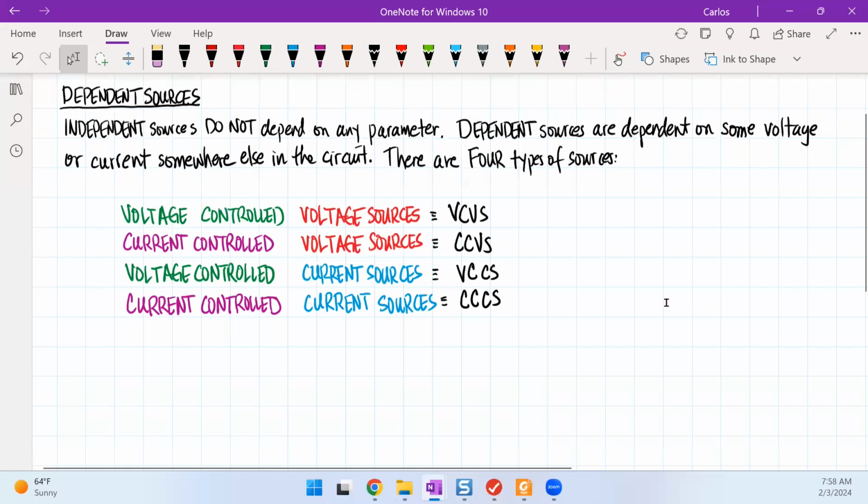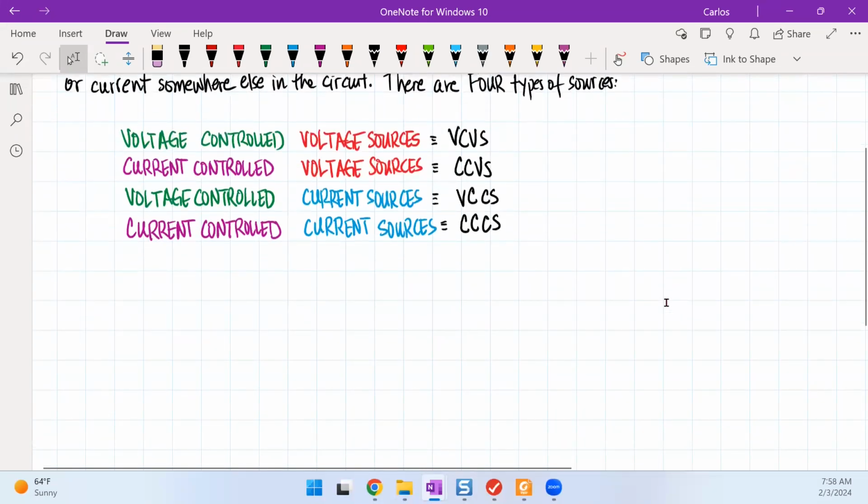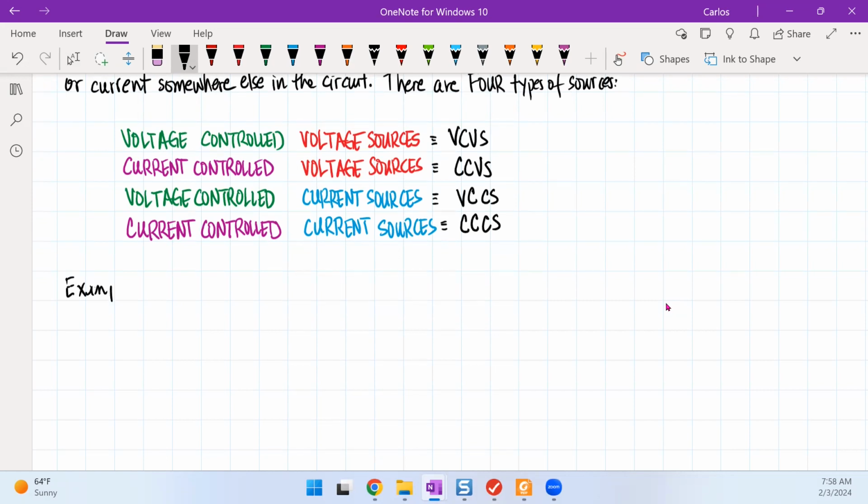So what's a good example of this? To get a sense of what I mean by all of this, what we're going to have here that we will use in lab quite a bit is called an operational amplifier.